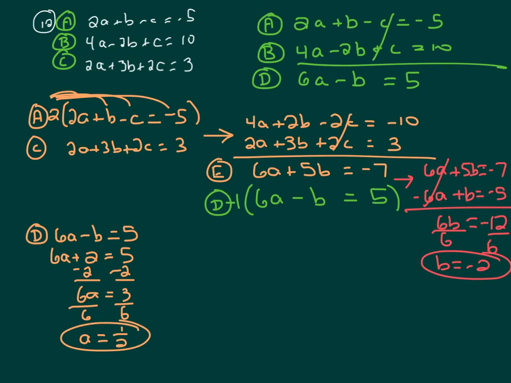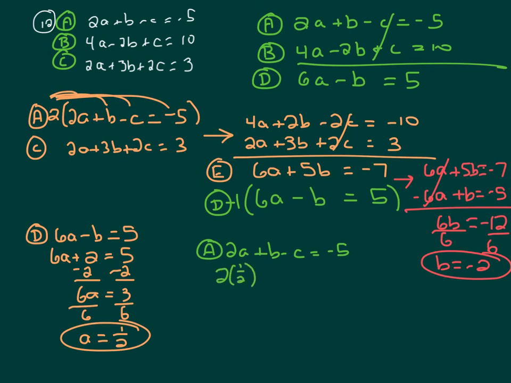All right, the last thing we have to solve for is C. We found A, we found B, and to find C, you can go back to any one of the three original equations. I'm just going to go back to the first one, so it'll be 2a plus b minus c equals negative 5. I probably should have used equation B because it's a plus c, but it doesn't matter. We could solve either way. So I'm going to replace my a with the 1/2.